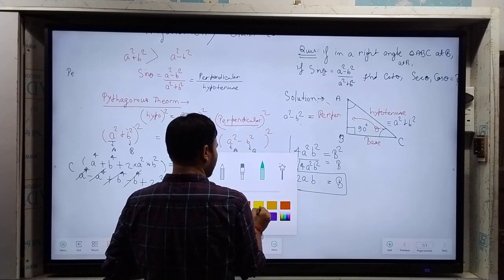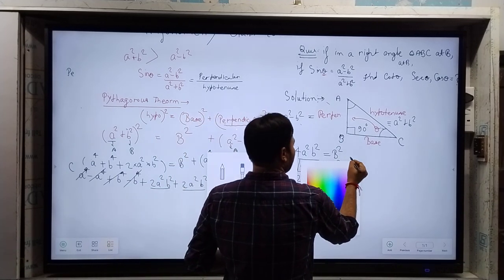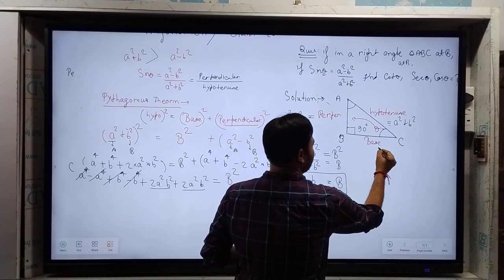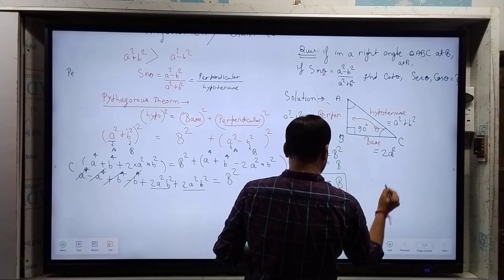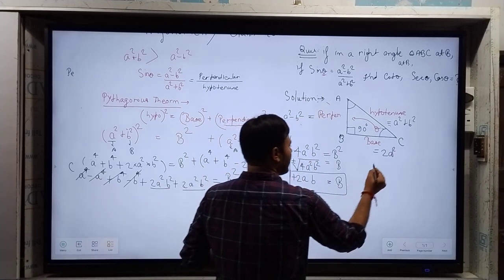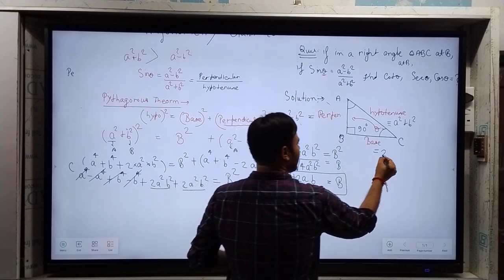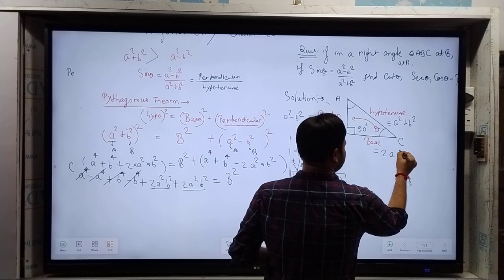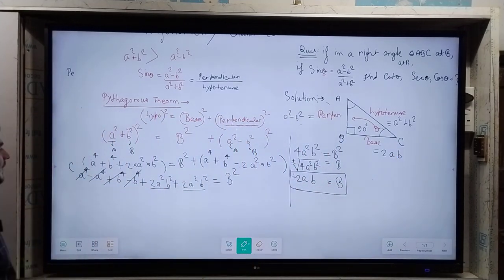Base will be calculated as 2a square b square under root, which is 2ab. Base will be 2ab.